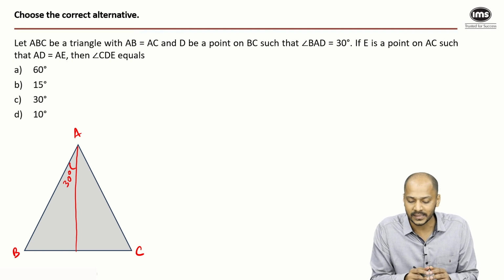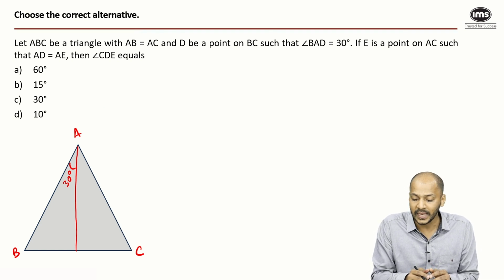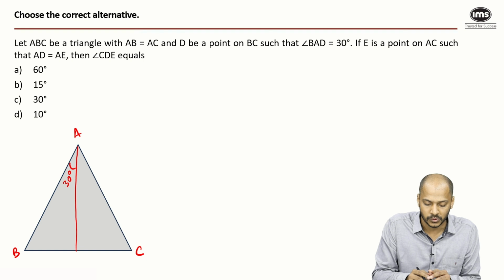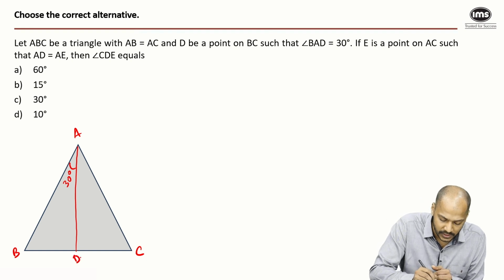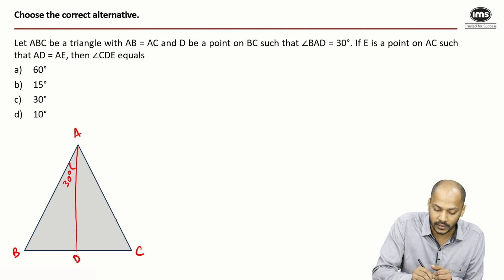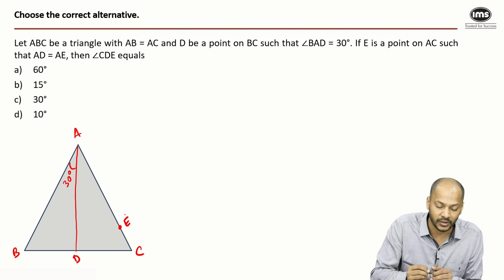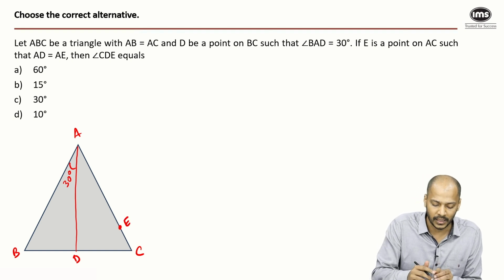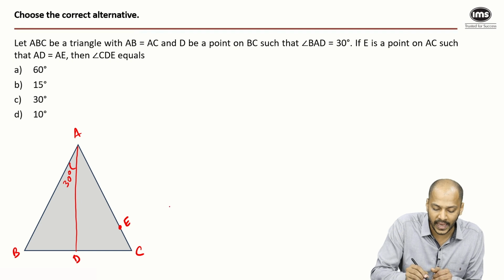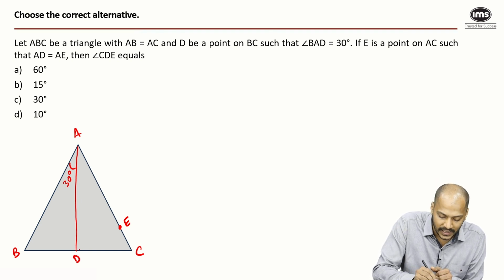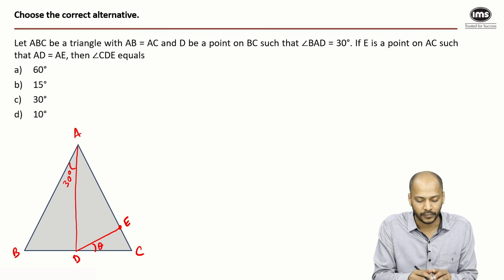Now E is a point on AC such that AD is equal to AE. So I have an E over here, and if AD is equal to AE, then we need to find the angle CDE. So we are asked to find how much is this angle theta.